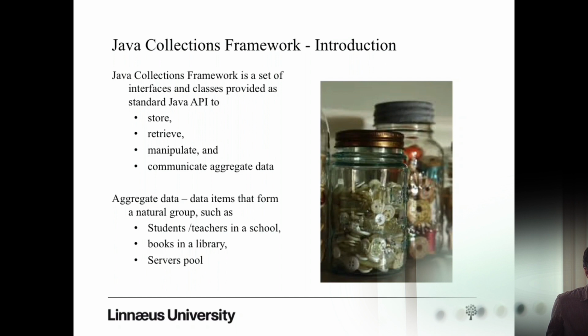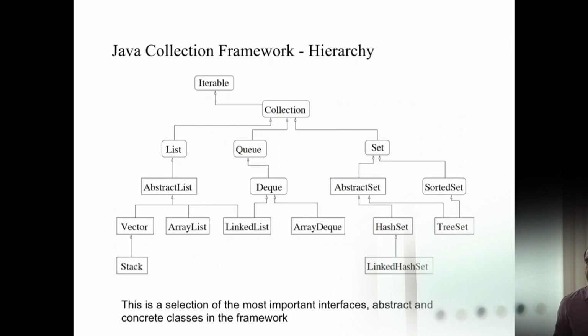If you have data items of a type, or maybe of different types, and you need to process them, then you maybe need these collection classes, something like arrays. And Java provides you with its own API classes that you can use to handle collections of data.